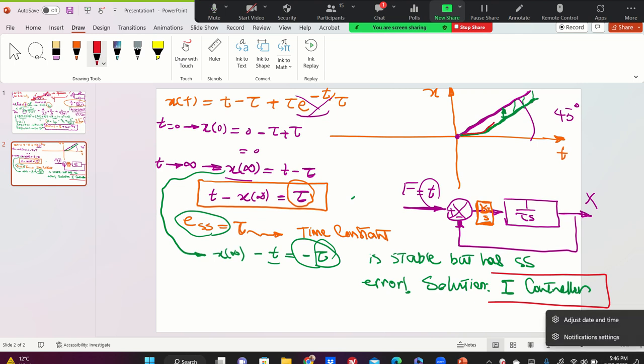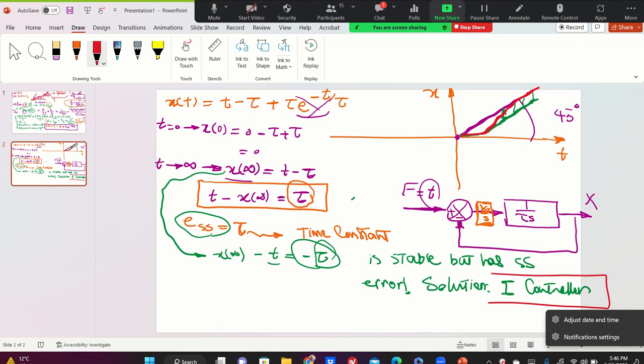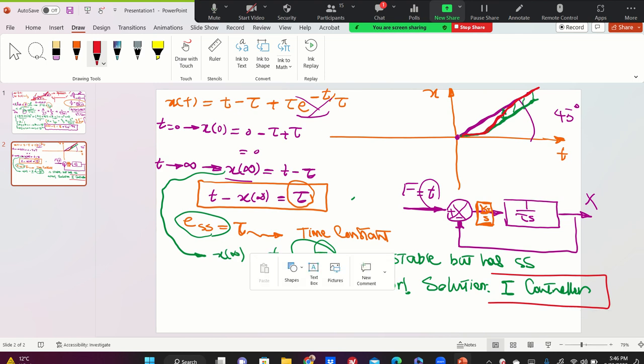You're going to have this, and you're going to go like this. See? So the I controller's function is to remove the steady state error signal. See what I'm saying? Yes, everybody? I think so.